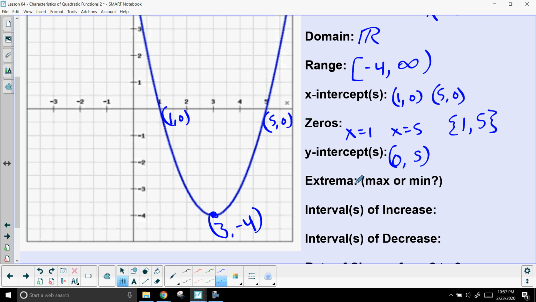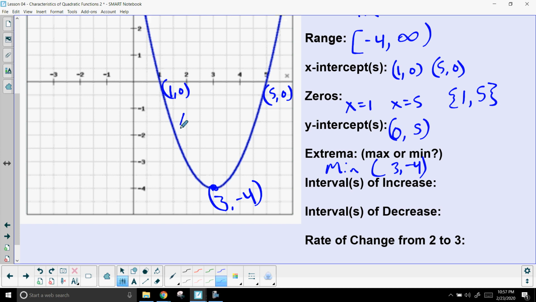Max and min. This is a valley looking shape. So it's going to be min, and we put the vertex, which was 3, -4. This time, the man is going, oh boy, trying to draw a man, maybe. He's going downhill here, and when he gets to this side, he's going uphill.